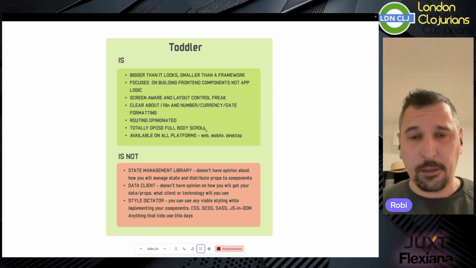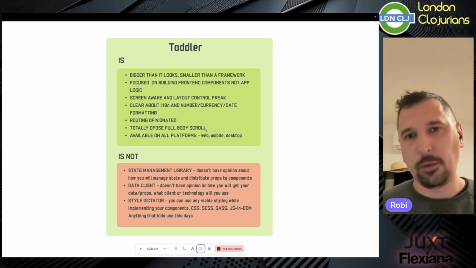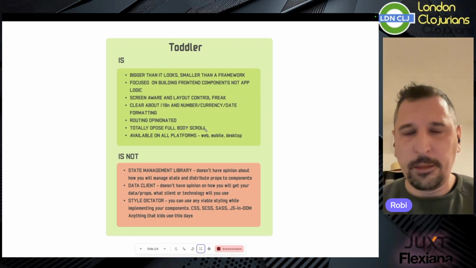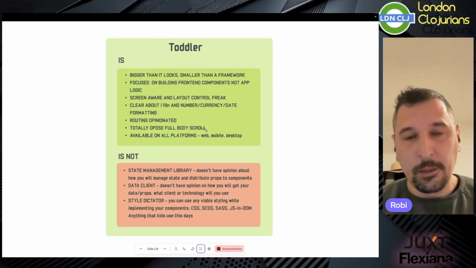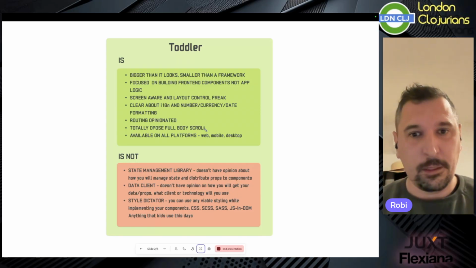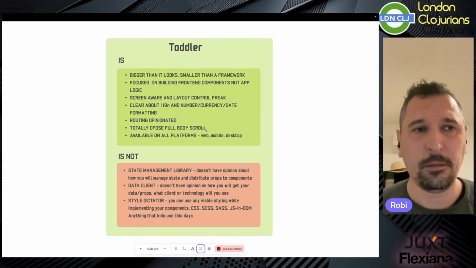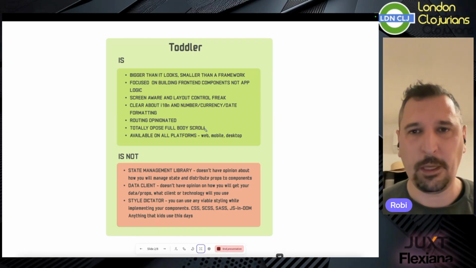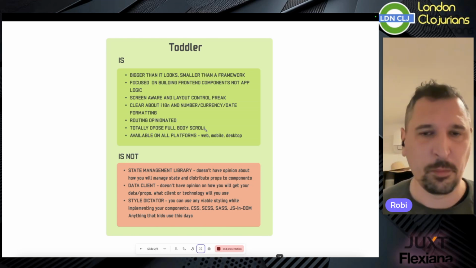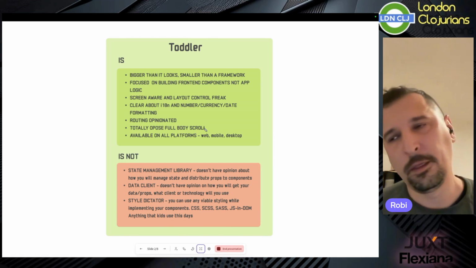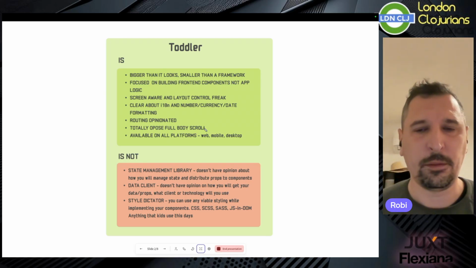So Toddler's ambition is to become web, mobile, and desktop available. The strategy at the moment is to use Tauri to achieve this. And at the end of this talk, we will build a mobile app on an Android simulator.